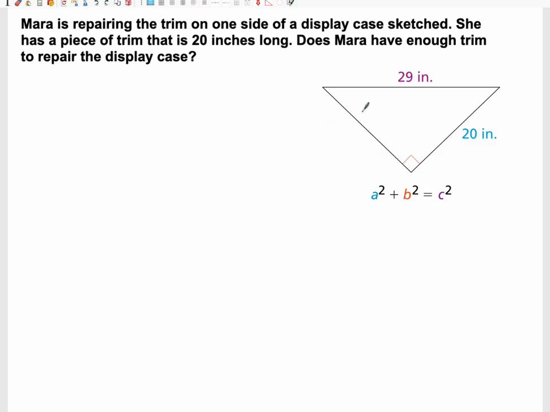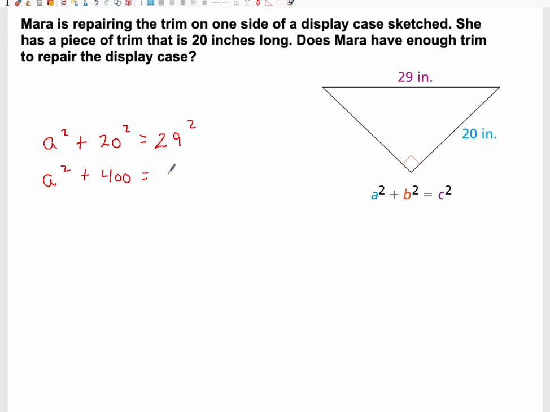I think so. Mara is repairing the trim on one side of a display case that she sketched, sketched here. She has a piece of trim that is 20 inches long. Does she have enough trim to repair the display case? Well, we need to do a squared plus, she's got one side already 20 inches, so we'll do 20 squared equals 29 squared. 20 squared is 400.